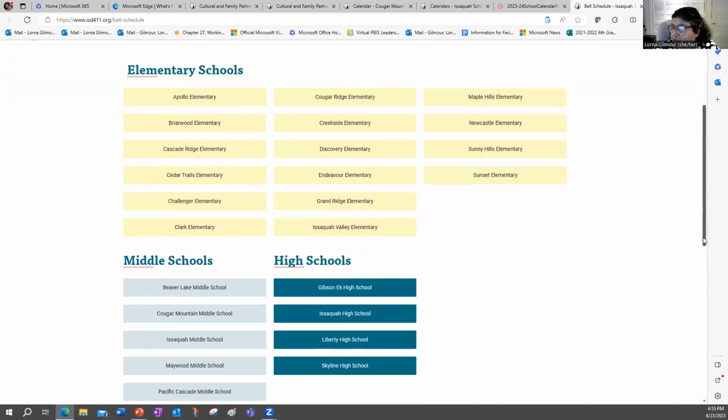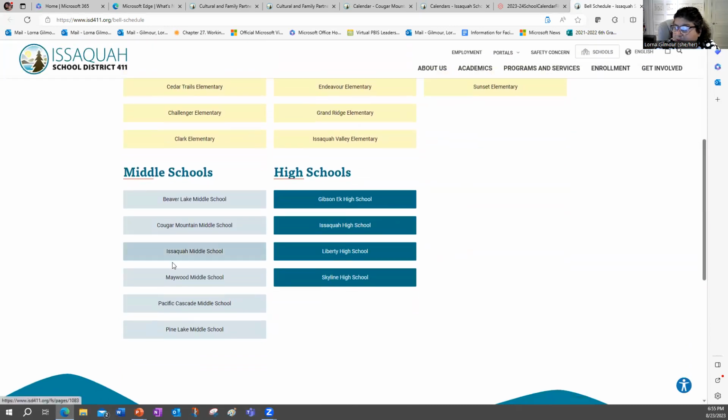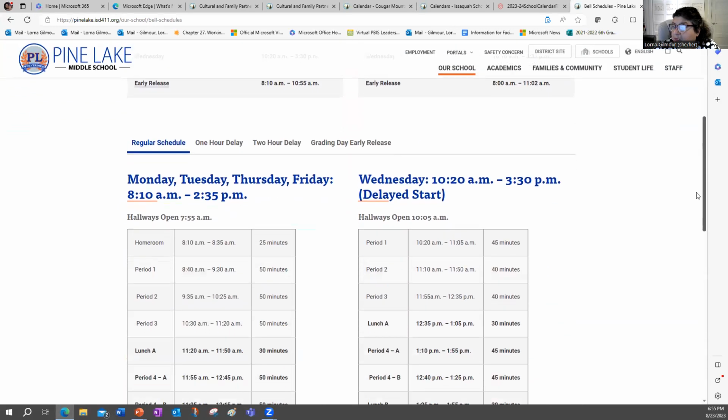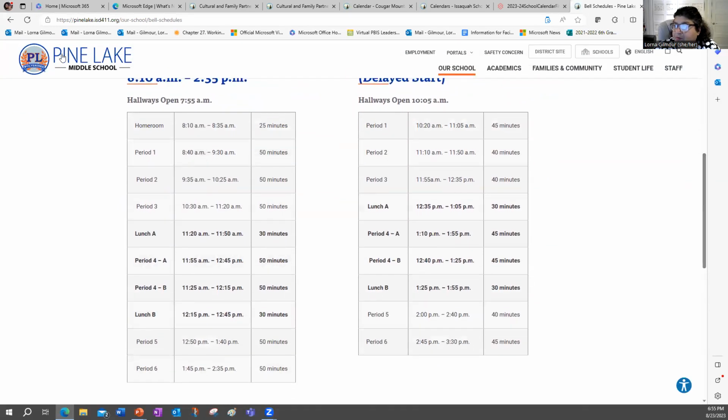The bell schedule is also all posted on the district website. But let's look at Pine Lake's bell schedule. The doors are open at 7:55, meaning the kids can walk in, and by 8:10 they need to be in their homeroom class.